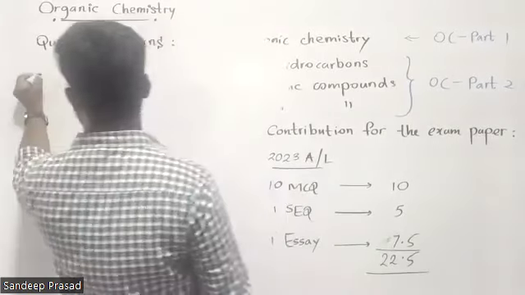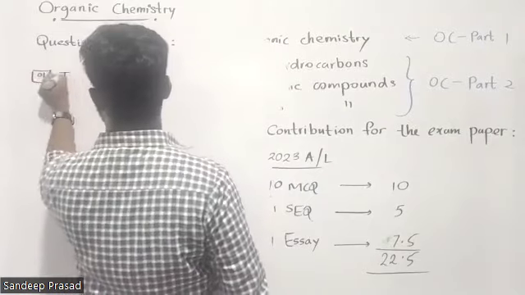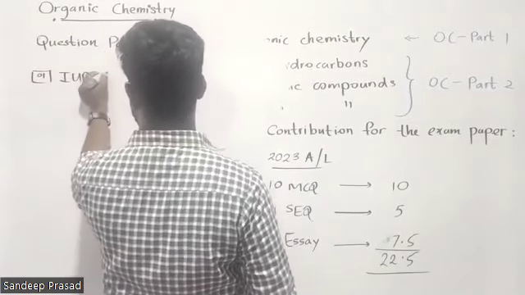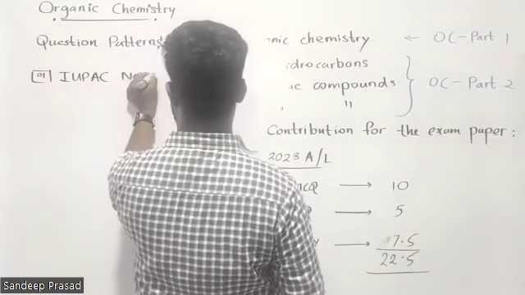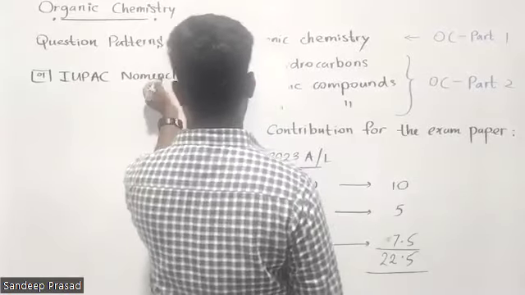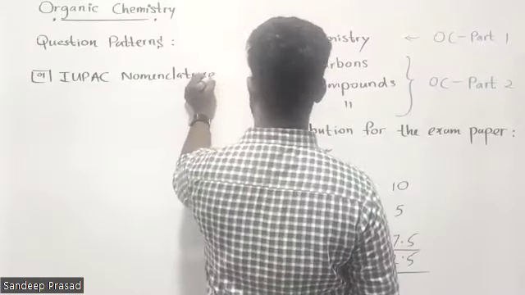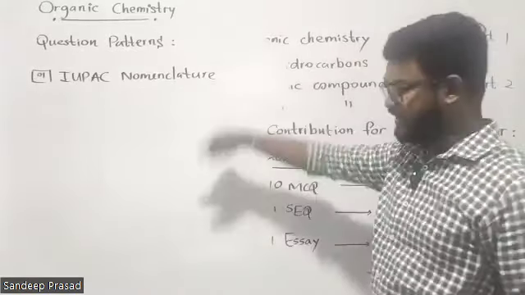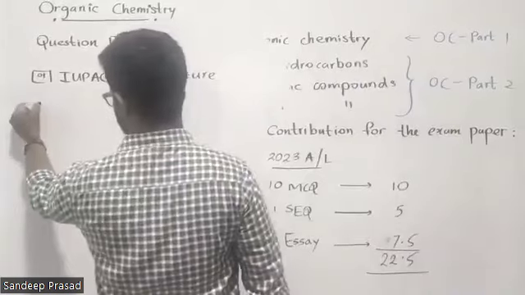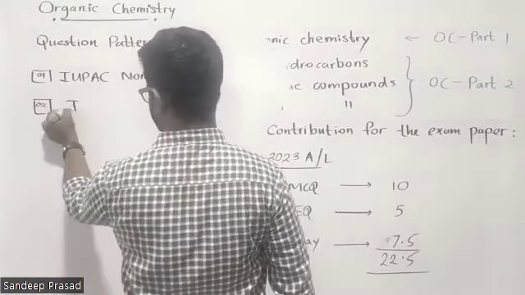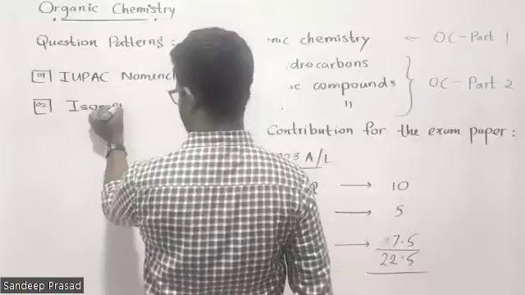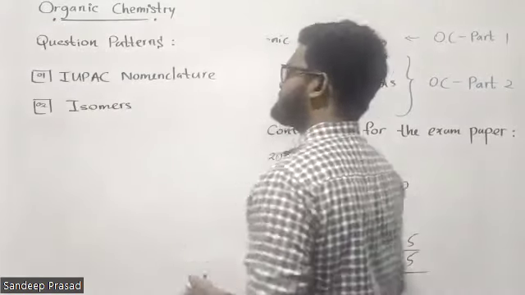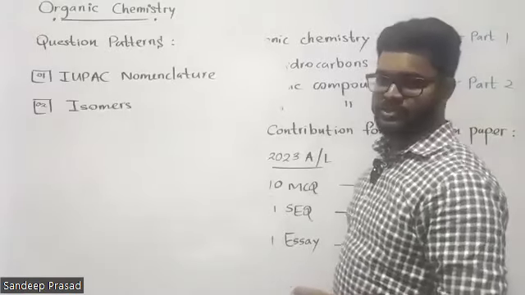The first question pattern is IUPAC nomenclature. We are going to discuss IUPAC nomenclature under this unit number 7. So unit number 7 mainly covers IUPAC nomenclature, and the next one, number 2, is isomers. So this is the second question type.